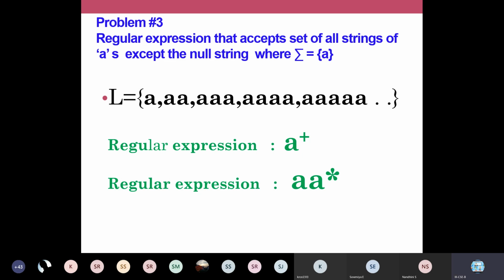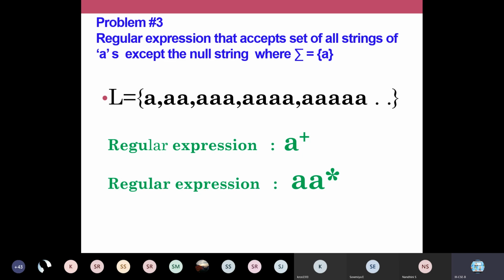It means that your regular expression must have an A. Then only you can have recursion. So here the answer for this one is A plus, that is A raised to the power plus. This plus is different from the earlier plus operator we saw. Earlier I told you regular expressions use 3 operators: star, plus and dot. That plus denotes a union.